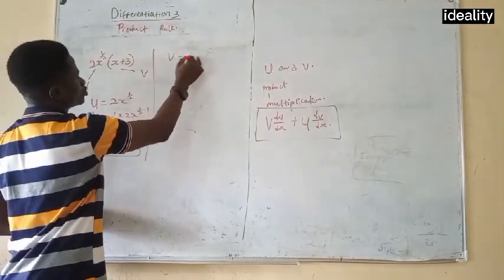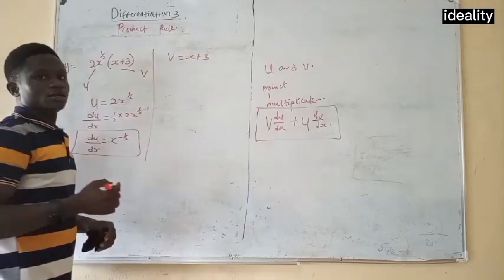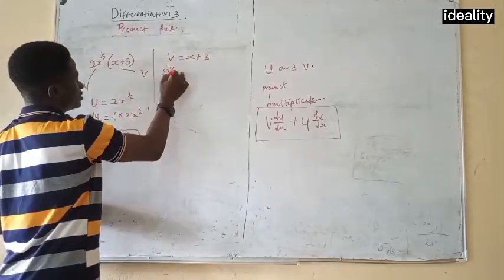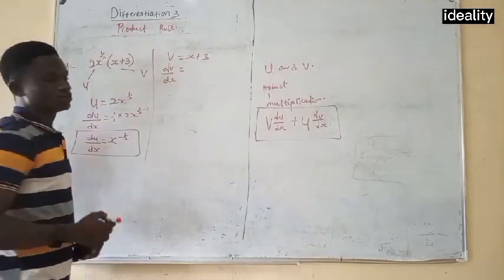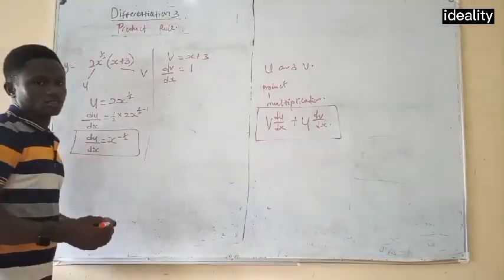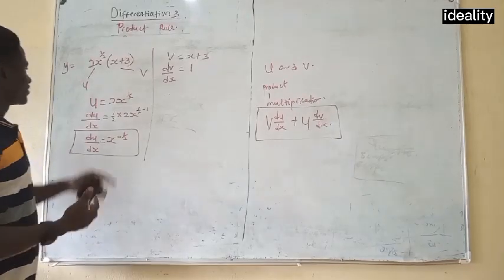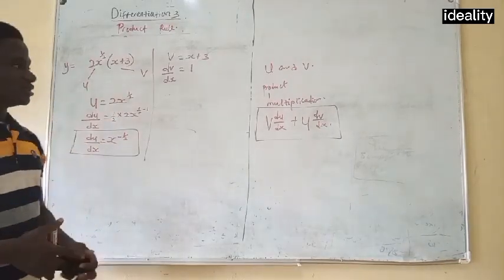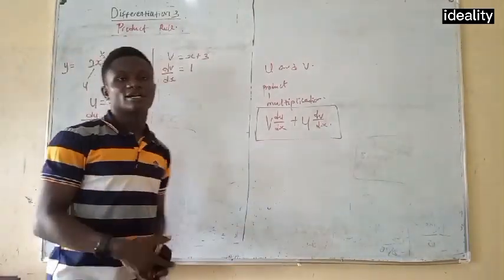My v is equal to x plus 3. So I will say dv dx will be equal to, if you differentiate this with the general method, 1. Then you have differentiated this. So what's the next thing? It is to use your formula.